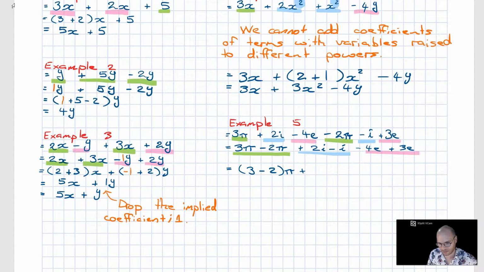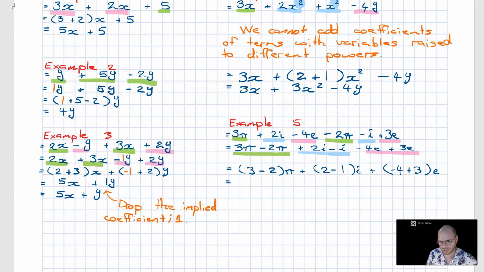Add the plus, open some brackets, put the 2 and the -1, then put the i at the back. Put in the plus, open the brackets, put in the -4, +3, and then throw the e at the back.